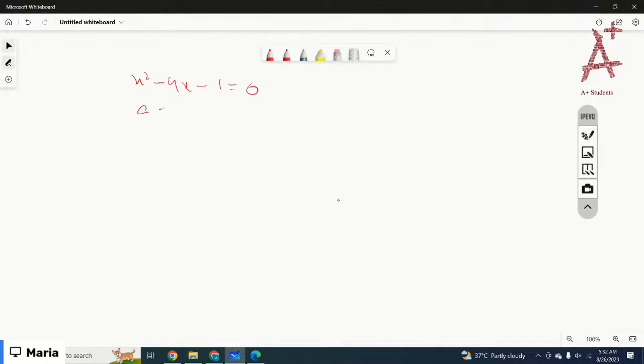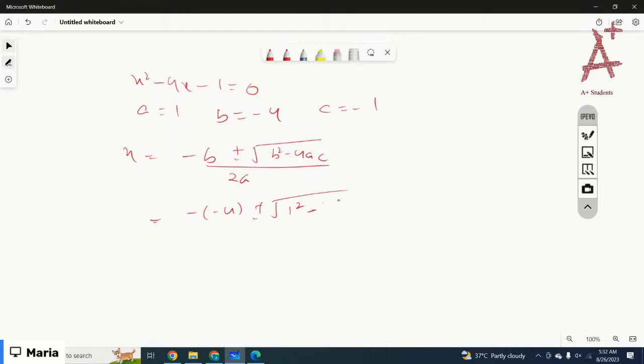Okay, so a equals 1, b equals negative 4 and c equals negative 1. So just apply the formula. It would be minus b plus minus square root b square minus 4ac divided by 2a. So it would be minus negative 4 plus minus square root 4 square minus 4, a is 1, c is negative 1, divided by 2a.